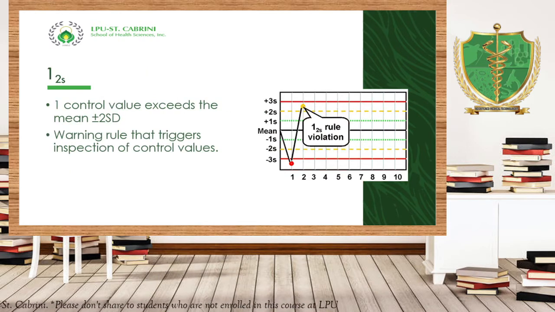Okay, so what do we mean by 1 2S? 1 2S is defined as a control value that exceeds the positive or negative 2SD. So in other words, there is one control that exceeds the positive or negative 2SD, which means our control value falls under the 3SD.